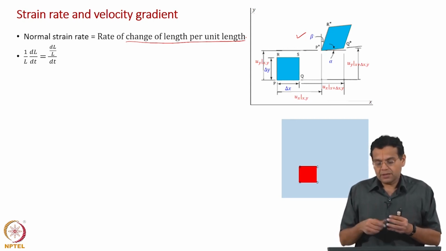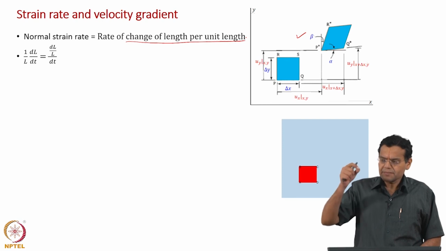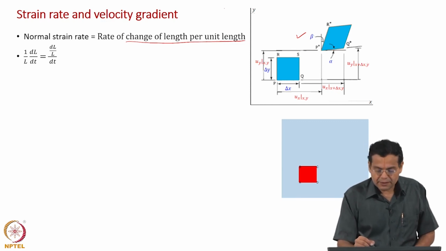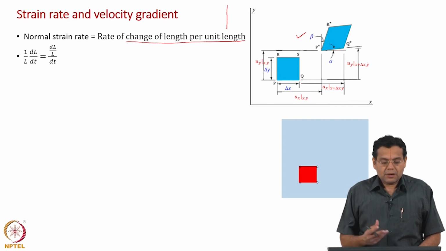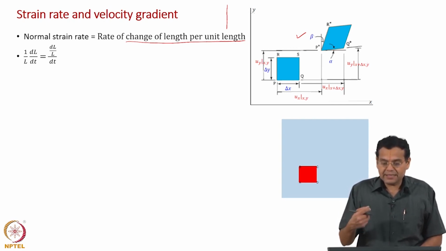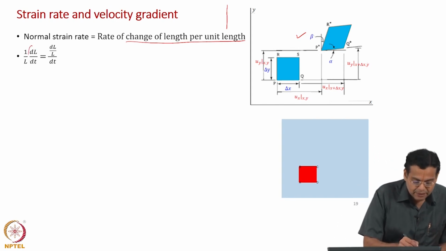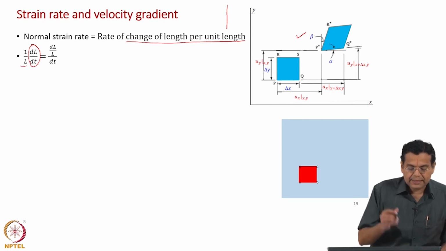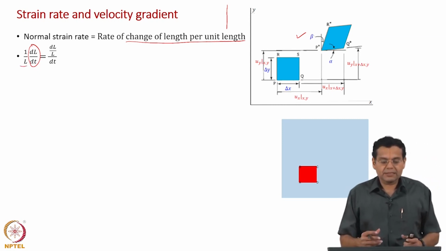Or let us say there is a thread whose length keeps increasing with time. How do you define normal strain rate? The rate at which that length changes, which is dl by dt in the nomenclature shown here, divided by the instantaneous length at any instant of time, that is the normal strain rate.